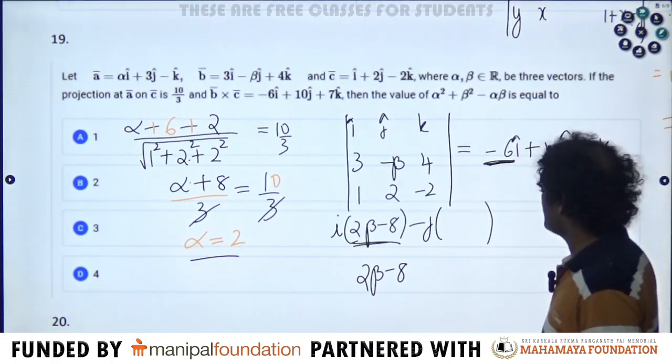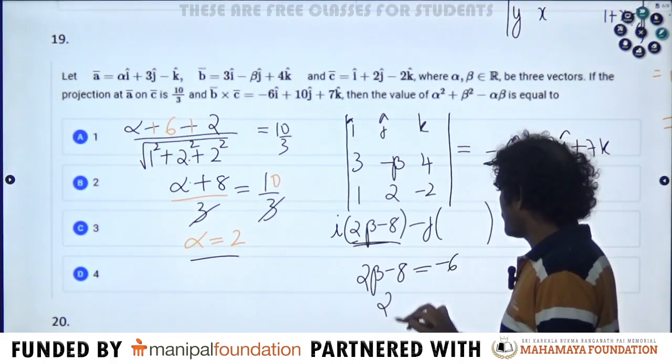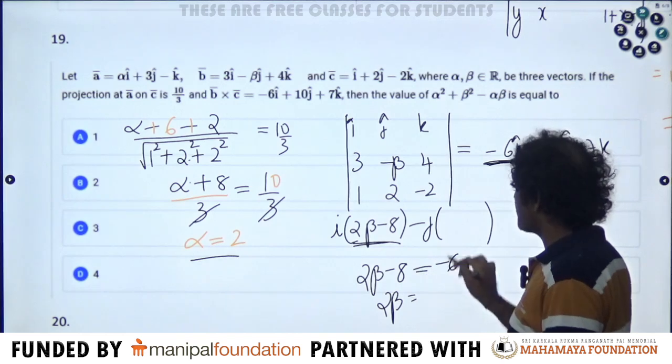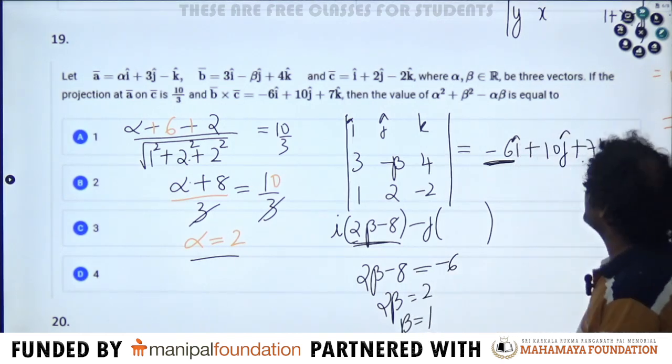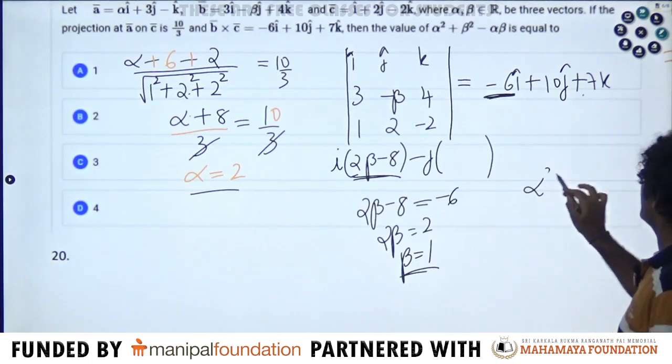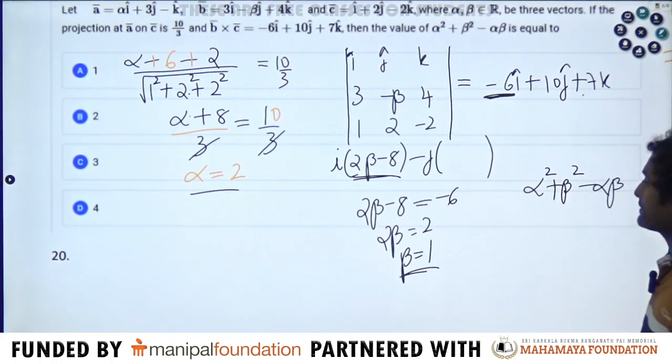We won't get any benefit from the others. 2 beta minus 8 is minus 6, so 2 beta is minus 6 plus 8, 2. Beta is 1.